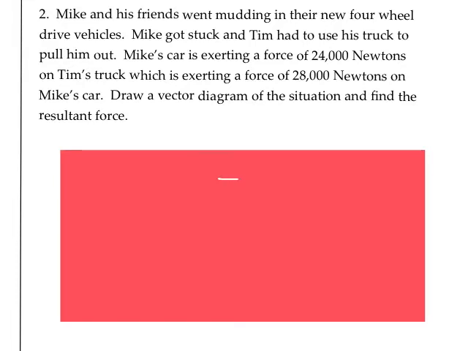So I'm going to say this direction is my 24,000 newtons. It's listed first, so I just picked it to be 24,000. And I'm going to say that to the right is the positive direction. So again, we drew the arrow, but you could also indicate it with a plus sign.